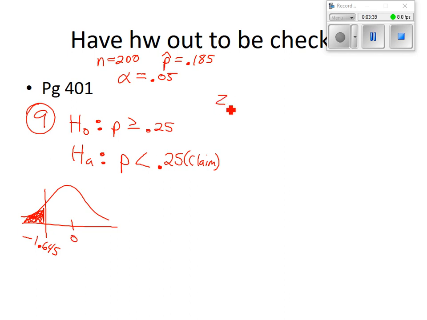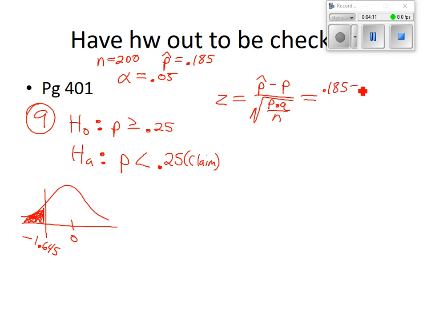Then we're going to find our test statistic, which the formula for this one is P hat minus P over the square root of P times Q divided by N, or something like that. Is that about right? Yeah, that's it. Have your calculators out so we can figure this out. P hat is 0.185.